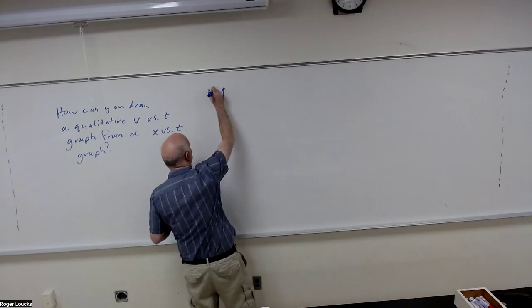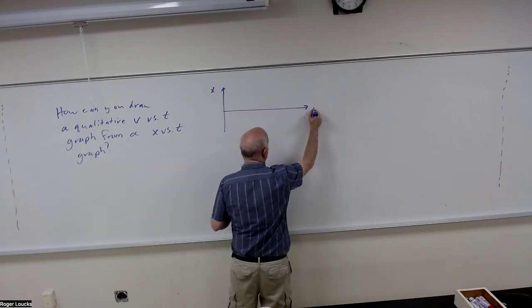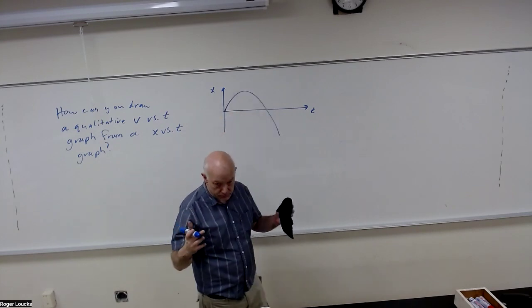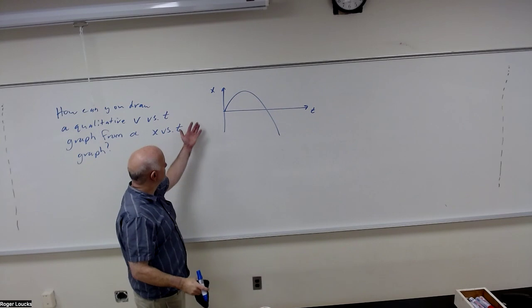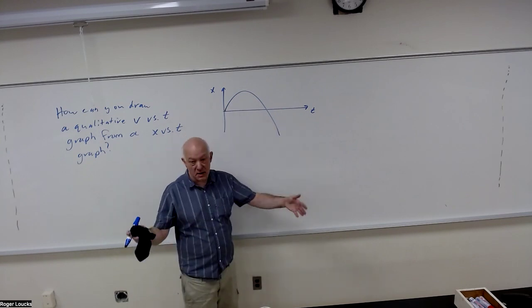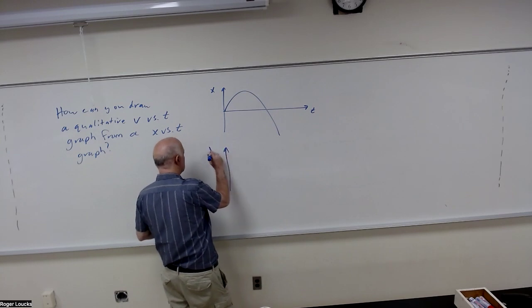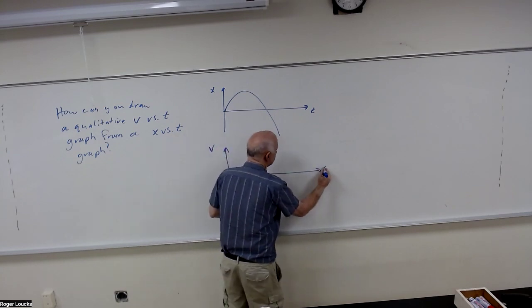So let's say I have an X versus T graph like this. And let's say it happens to look like this. I'm just making it up. So here's some object. The position versus time is like that for no good reason. And I want a qualitative V versus T.